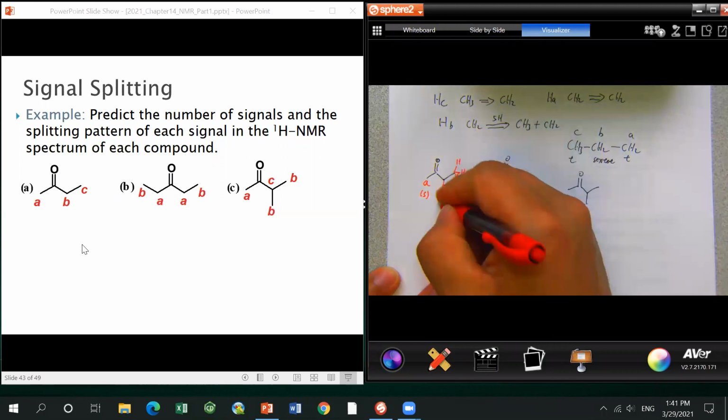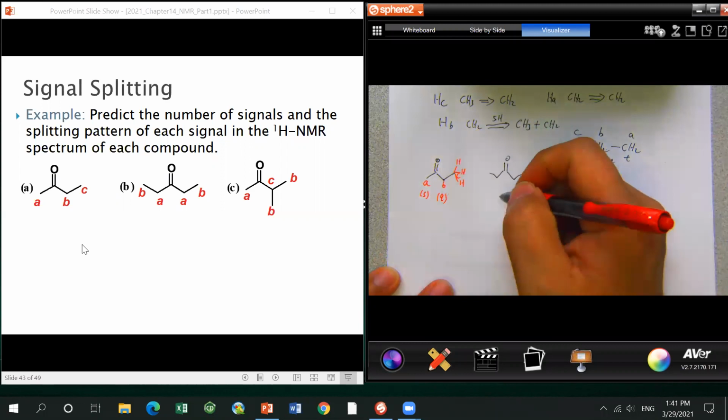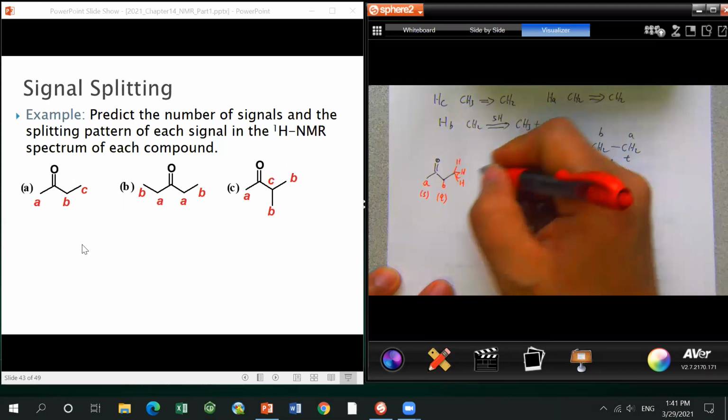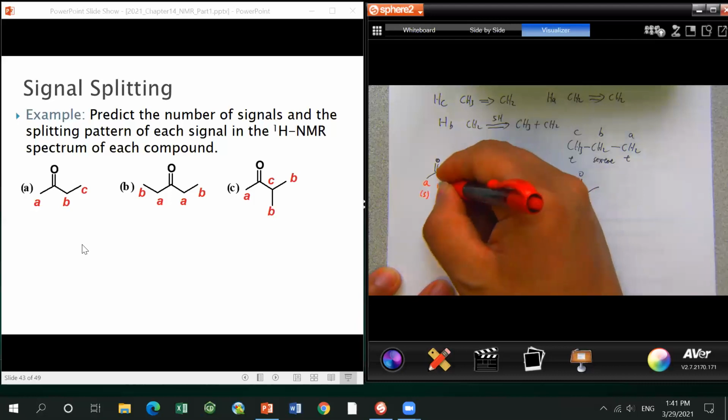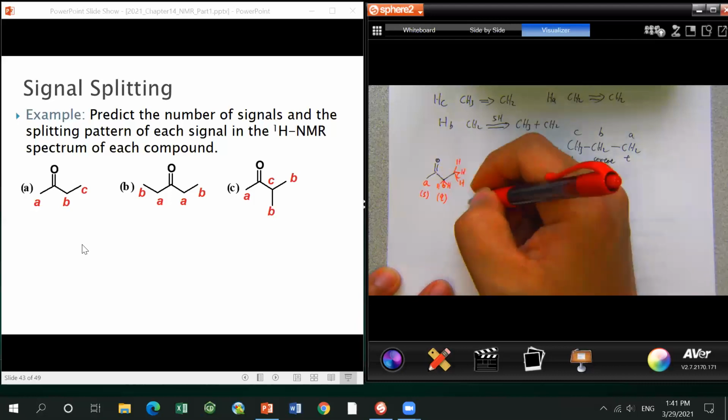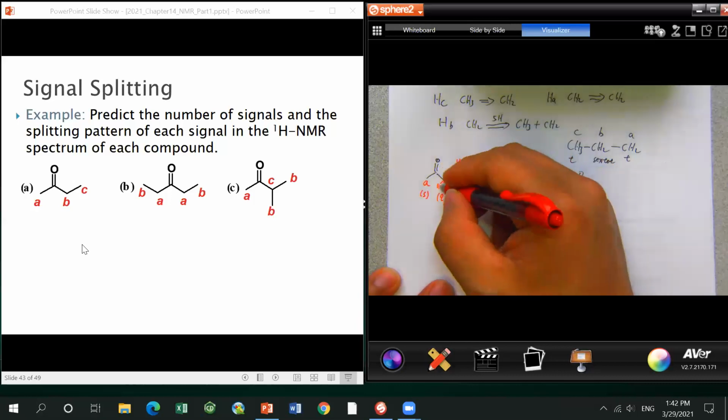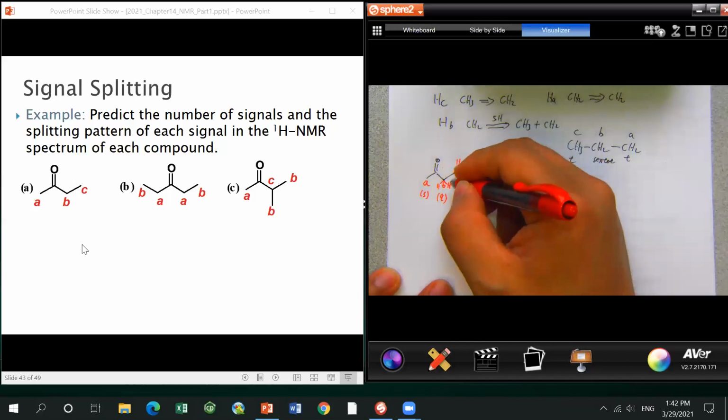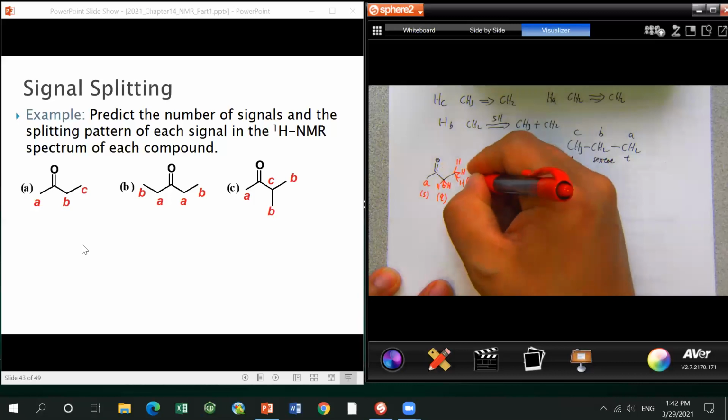B should be a quartet. And then for C, C has 2 neighboring hydrogens, only the 2 from B. So 2 plus 1 is 3, and C should be a triplet.